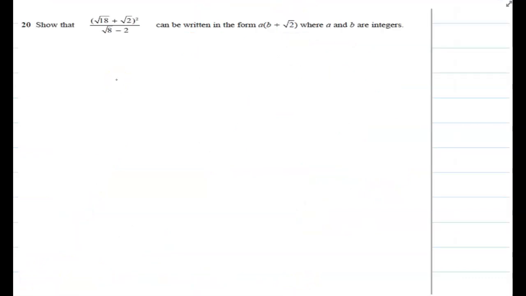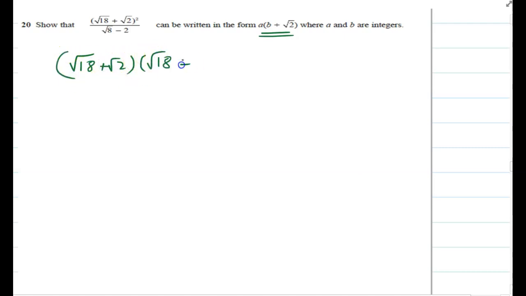Question number 20. Show that root 18 plus root 2 whole squared, divided by root 8 minus 2, can be written in this form, a b plus root 2. So what does whole squared mean? It means root 18 plus root 2 times root 18 plus root 2, and in the denominator it is root 8 minus 2.